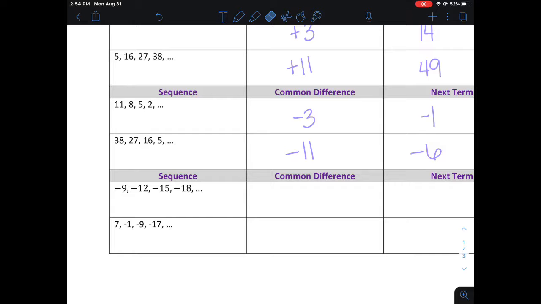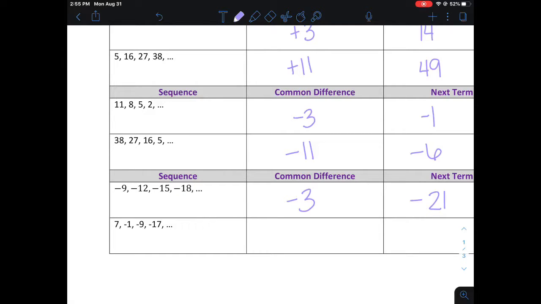So our numbers are getting smaller, meaning I'm going to add a negative number. And what negative number am I going to add? It is negative 3. If you guessed that, you are correct. So I'm adding negative 3 because our numbers are going down. They're getting smaller. Okay, then what's negative 18 plus negative 3? Negative 21.